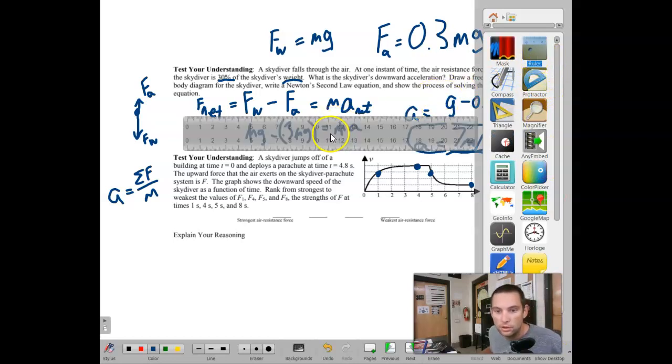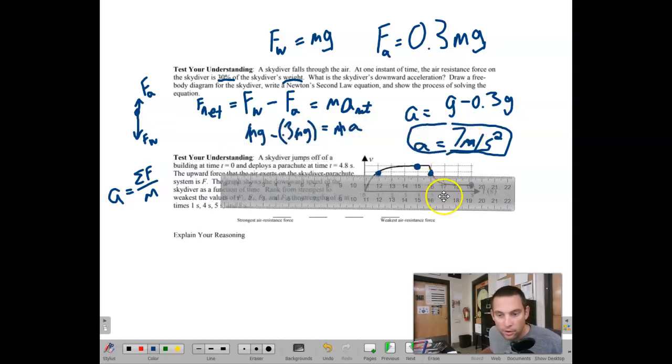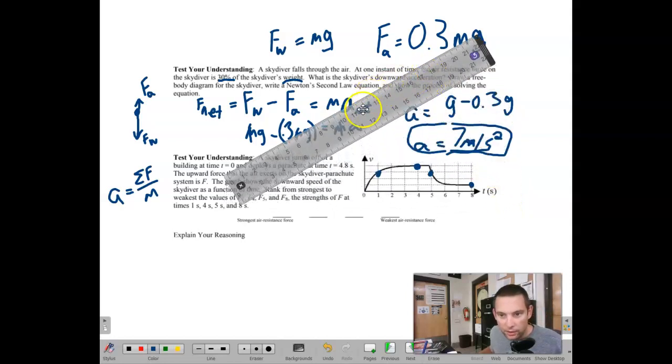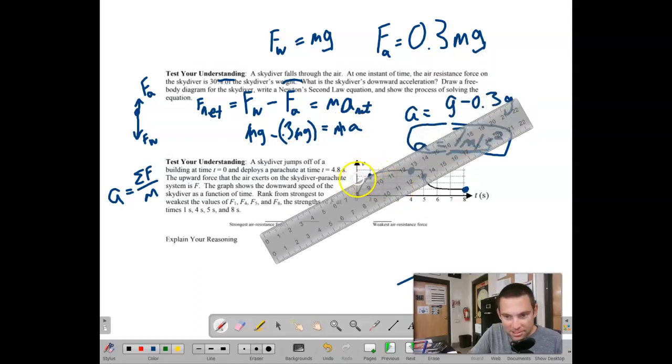We are going to use the slope. So all we have to do is figure out what's going on with the slope at these points. I've brought out a ruler, but you can use a sheet of paper. Just fold up the corner. That way you can see a good tangent line. And the tangent line is going to let us assess the slope of a curve.